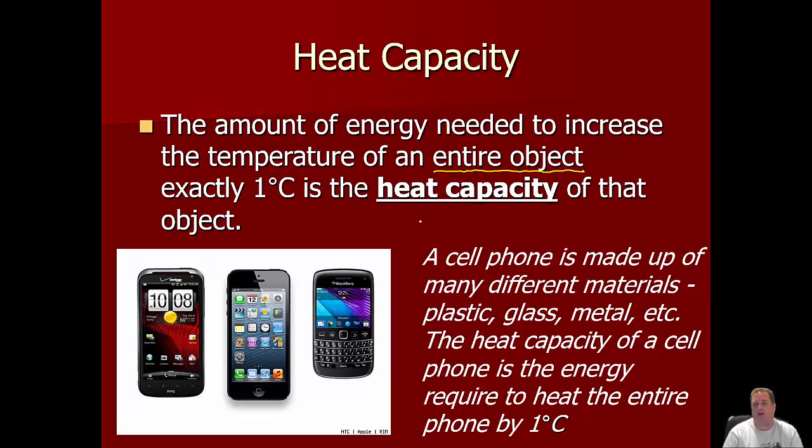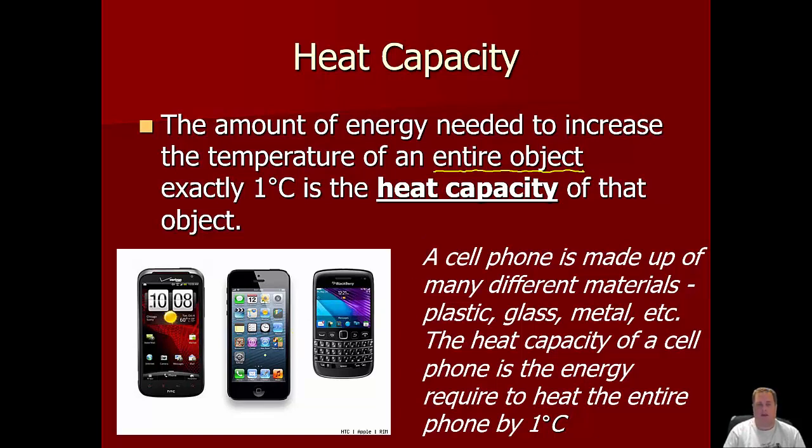So if we have a pot of water on the stove, if we want just the water, that has a total heat capacity. We could also talk about the heat capacity of the pan and the water together. So the total system would now be the water in the pan. So that has a heat capacity. We can't say a water pan has a specific heat because it really doesn't make a lot of sense. Another way to think about it is like a cell phone.